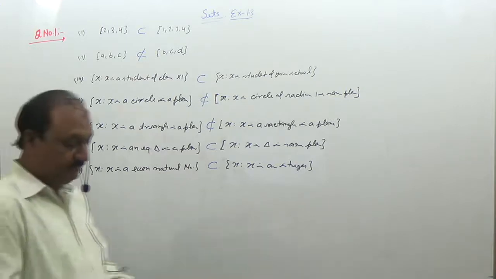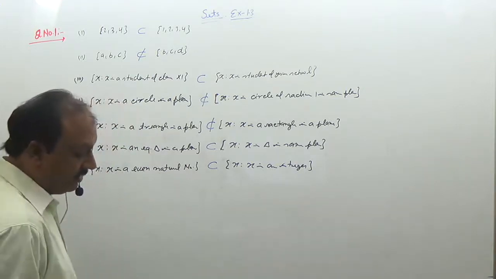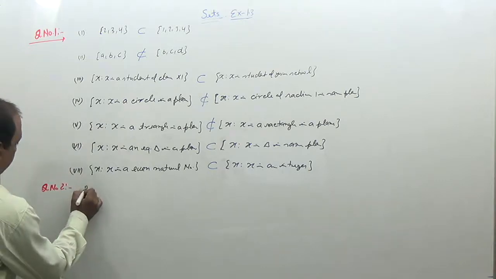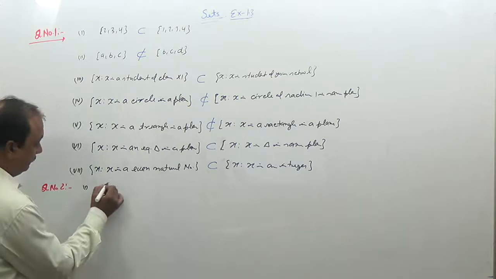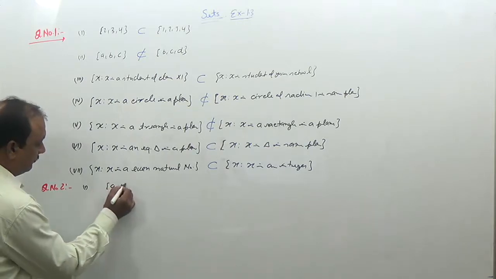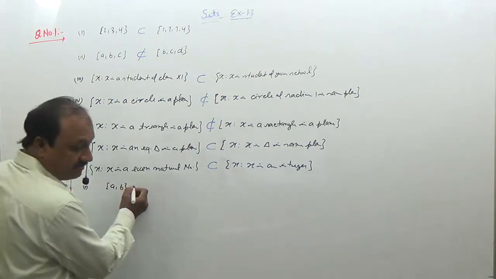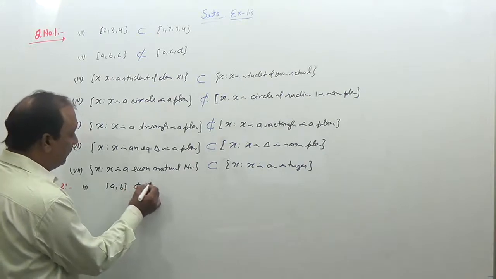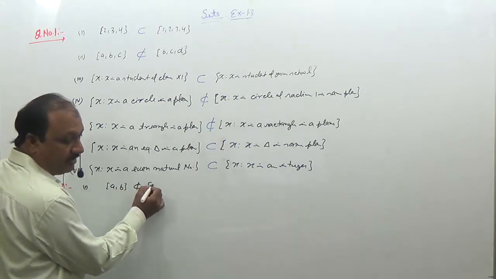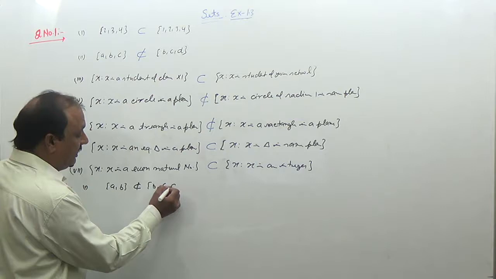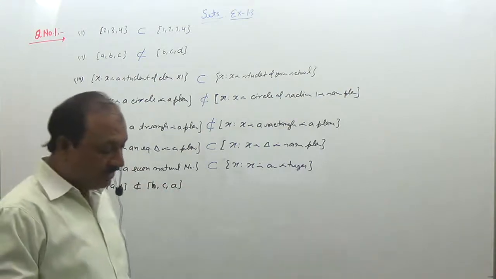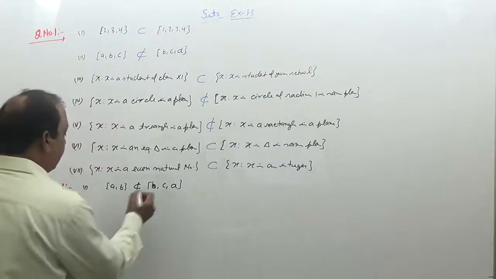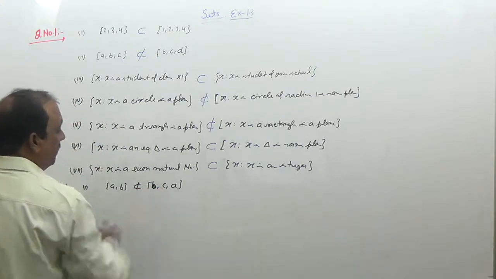first part is a set of elements A, B, and given that it is not a subset of elements B, C, A. So there is a set of elements A, B and another set of elements A, this one.